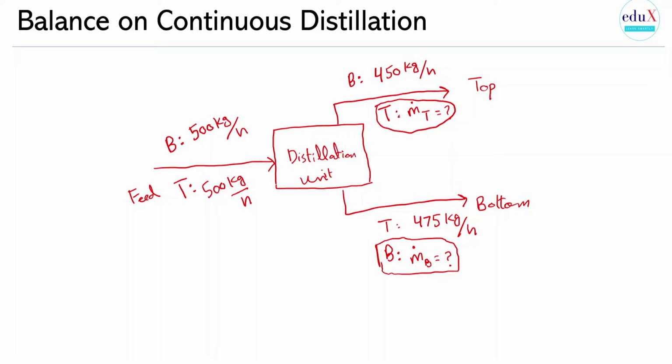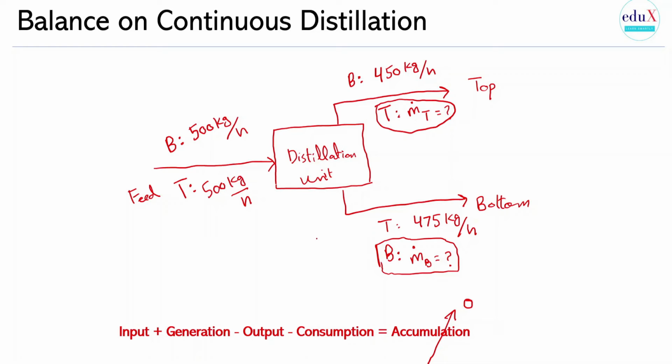After making the process flow diagram and labeling all the streams, the next step is to write the general mass balance equation: input plus generation minus output minus consumption equals accumulation. Remember, the system is operating at steady state, so the accumulation is zero.